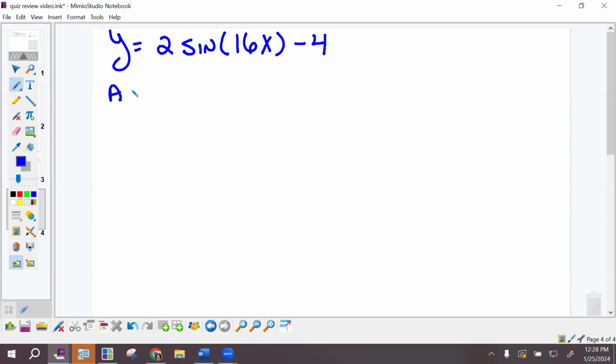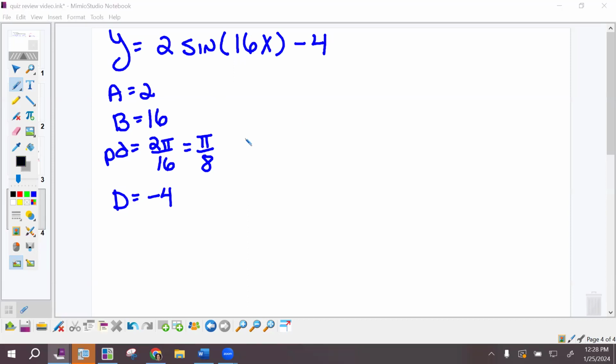All right, so our amplitude is 2. Our B value is 16, which means the period is 2 pi over 16, which reduces to pi over 8. So what this means is we would get 16 waves in the space we normally would have 1. And then the D value is -4.